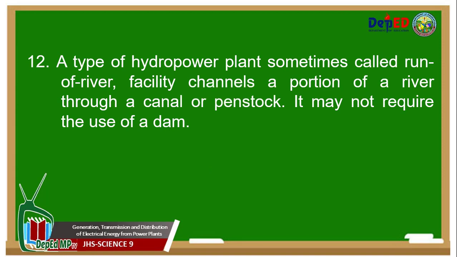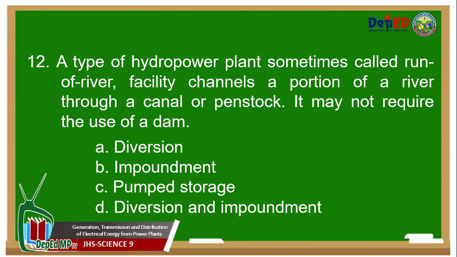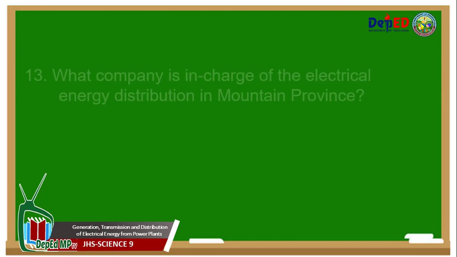Number 12. A type of hydropower plant, sometimes called a runoff facility, channels a portion of a river through a canal or penstock. May not require the use of a dam. A. Diversion. B. Impoundment. C. Pump storage. D. Diversion and impoundment. Number 13.